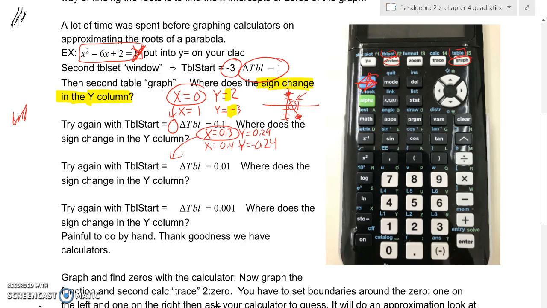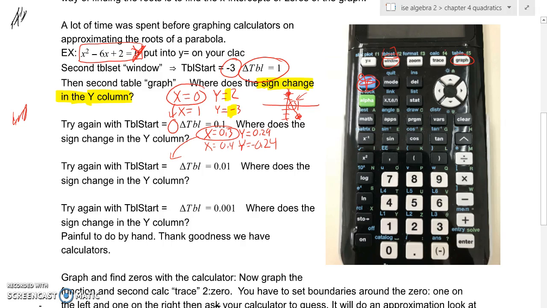So do it again. Second table set. We want to go from 0.3 by 1/100th. Second table.